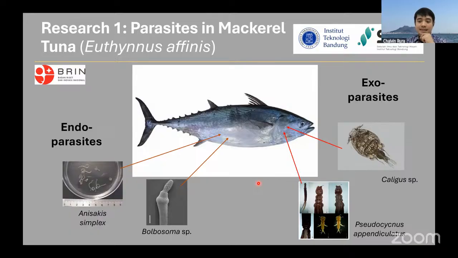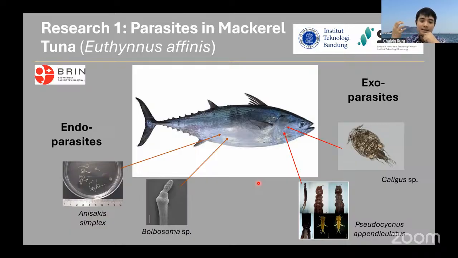are exoparasites. Exoparasites are parasites that usually just attach outside or in the gills. Okay, why are the gills considered the external part of a body? Because that is where the water filters. From the mouth and then it comes out, it filters through the gills.